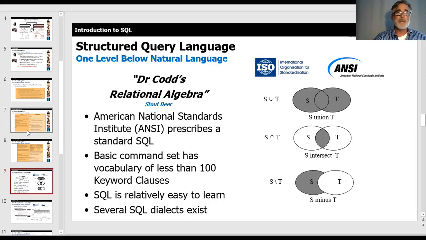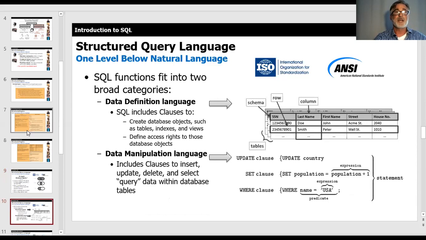It's a basic command set. It's relatively easy to learn, and it is. There are a lot of dialects out there. There are basically four categories, but there are two broad categories that most of us as analysts are going to deal with: data definition, which is the creation of your tables, your field names, that kind of information, and data manipulation, which is where most of us hear about SQL.